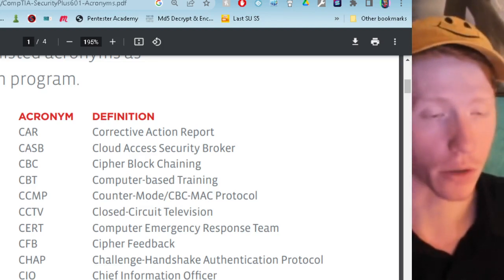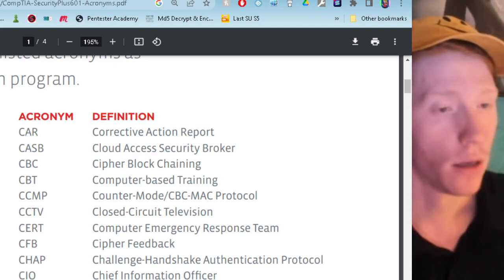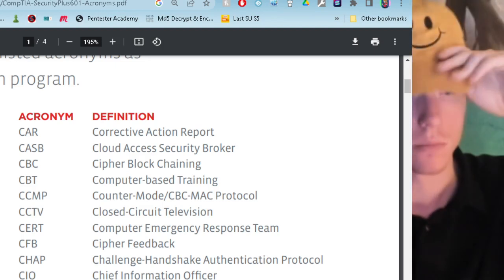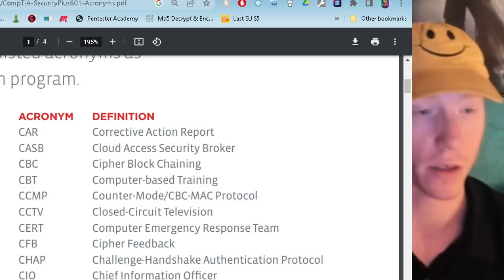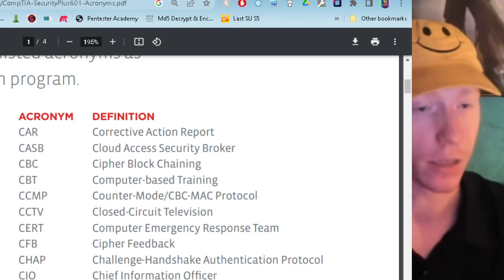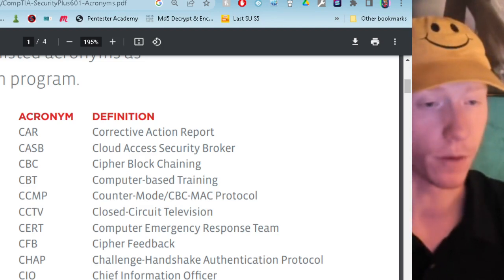CCMP, Counter Mode CBC-MAC Protocol. CCTV, Closed Circuit Television. CERT, Computer Emergency Response Team. CFB, Cipher Feedback. CHAP, Challenge Handshake Authentication Protocol. CIO, Chief Information Officer.